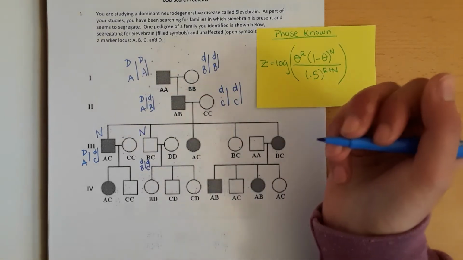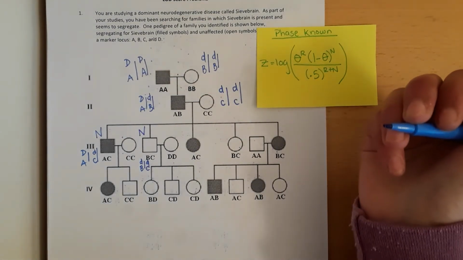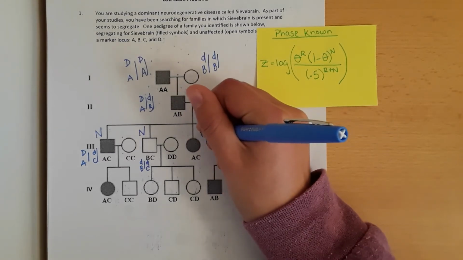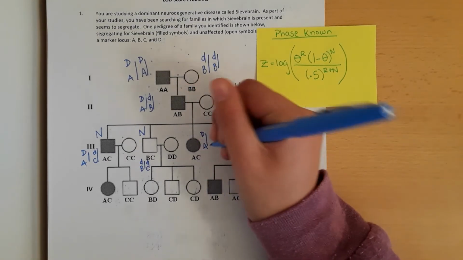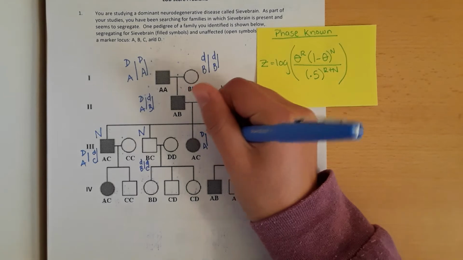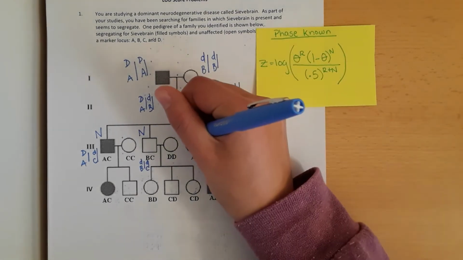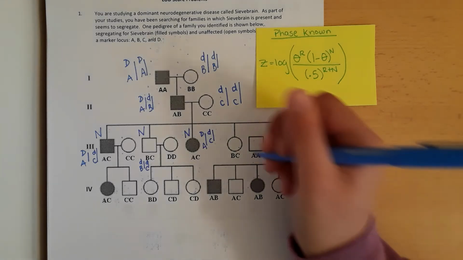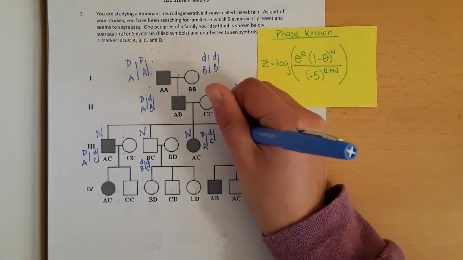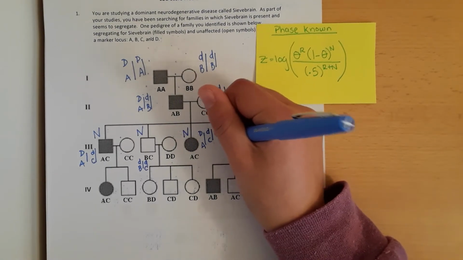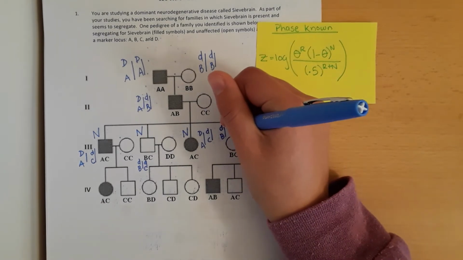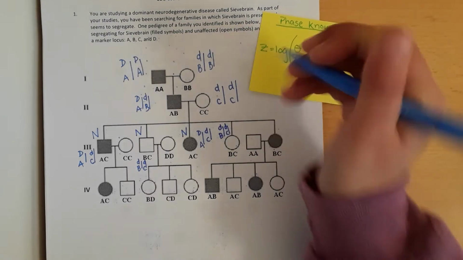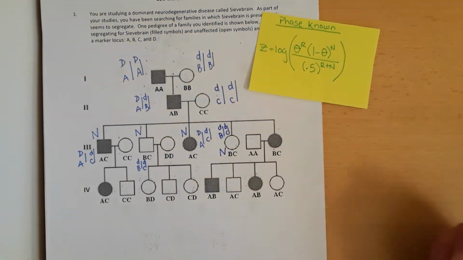We don't care about this person because they are from outside the family. Here we have a person shaded in. So they got a big D A from dad and then a little d C from mom. So non-recombinant. Here we have little d B and small d C. So here and here, this is going to be non-recombinant.